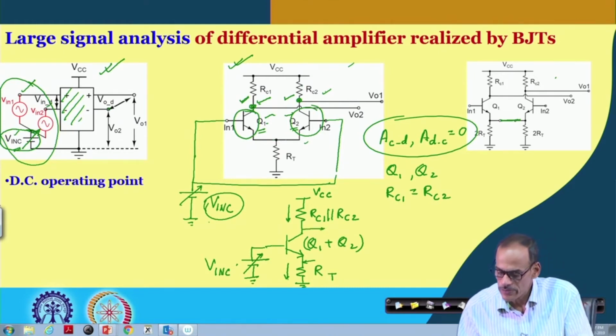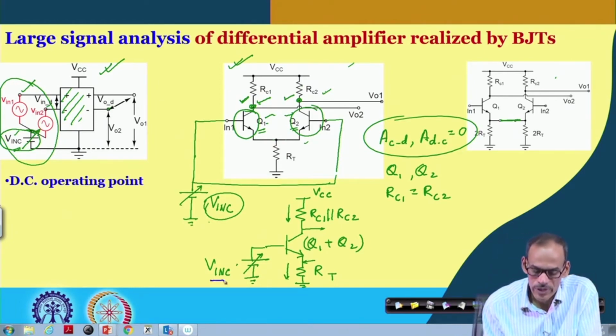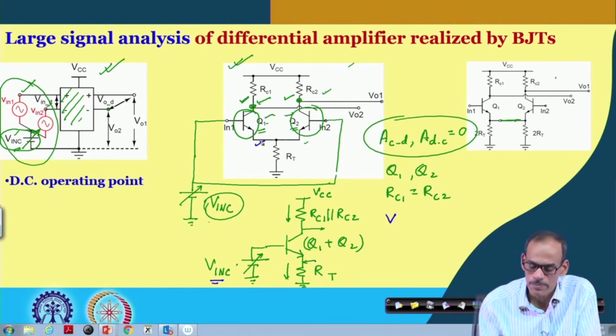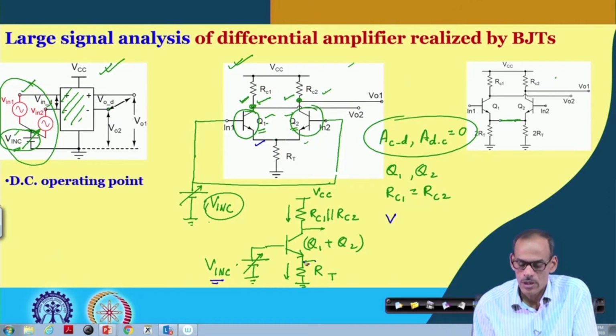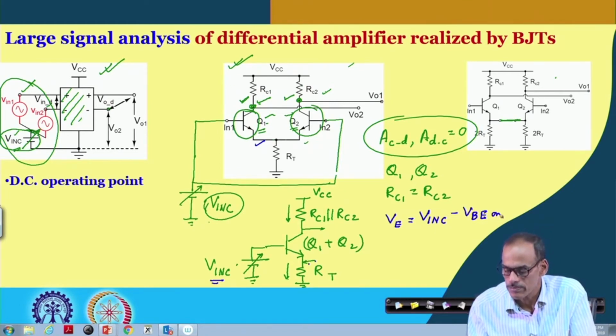In fact, if you go step by step, for a given V_inC, what is the emitter voltage? The emitter voltage at this node, in this merged circuit, equals V_inC minus V_BE(on).